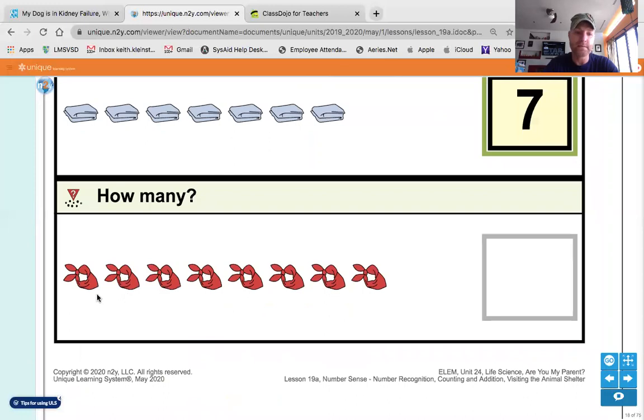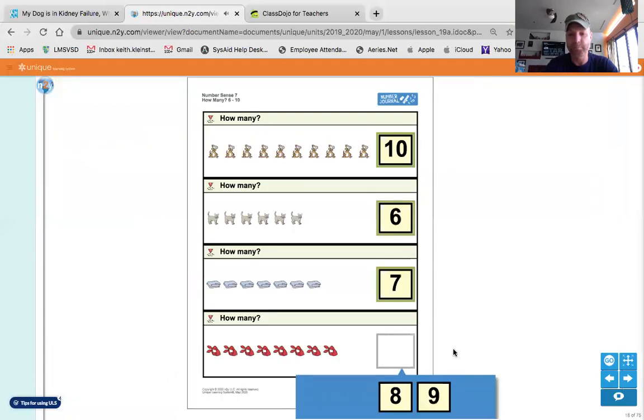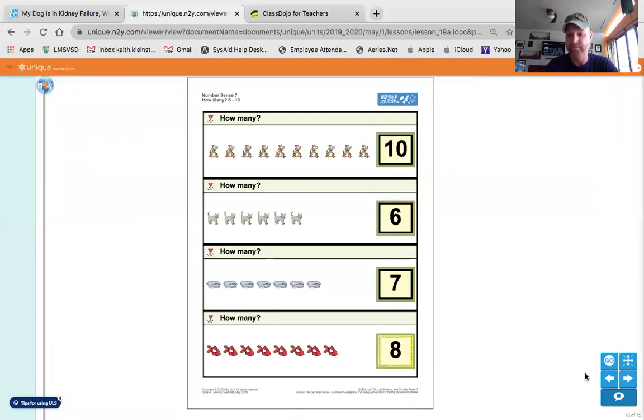Okay, how many scarves? 1, 2, 3, 4, 5, 6, 7, 8. Find the number 8. 8.